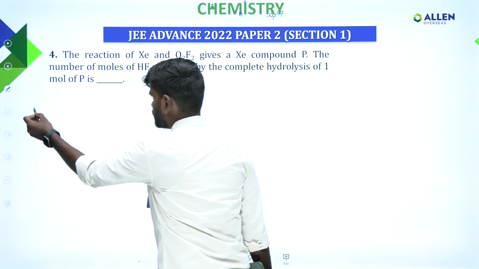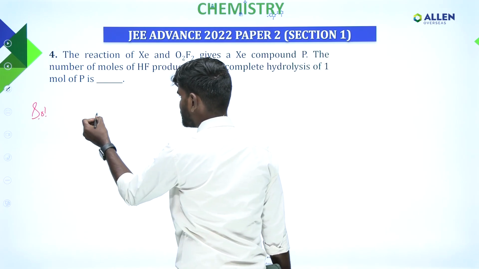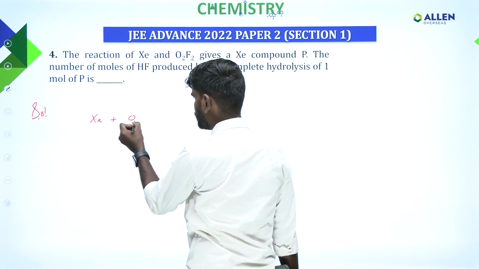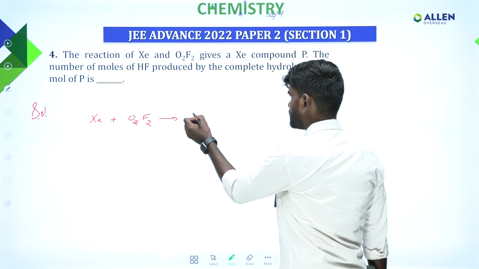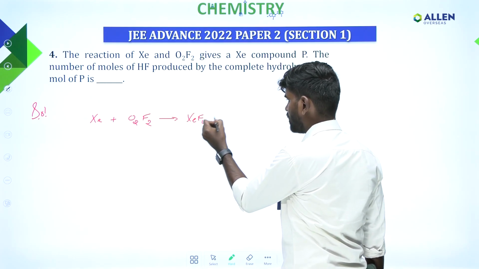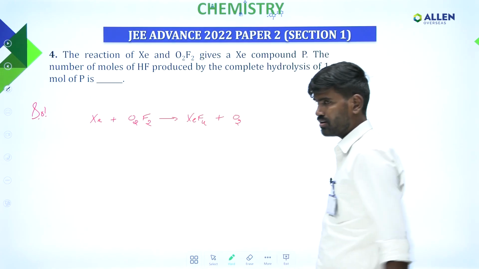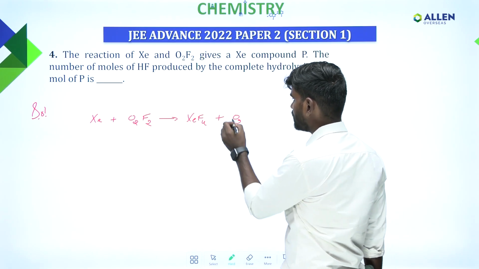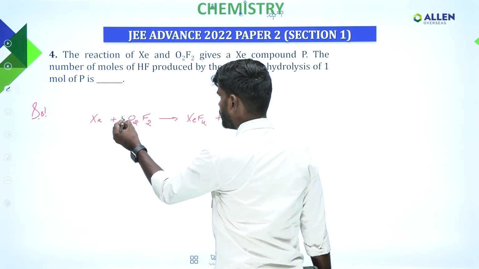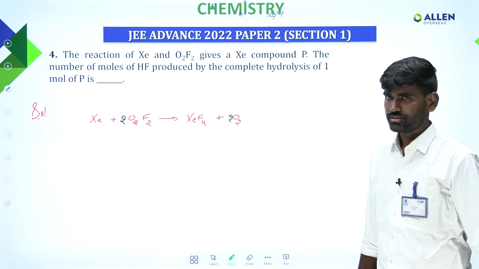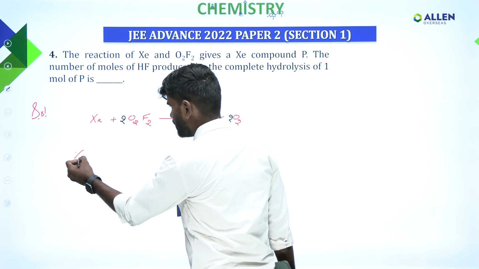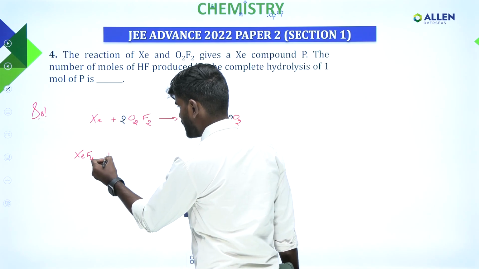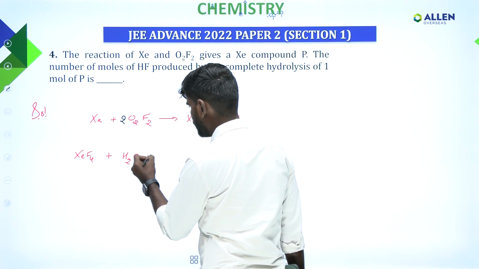So you will write the reaction. The reaction goes like this. When xenon reacts with O2F2, you will get its compound XeF4 along with O2. For balancing, you may write 2 over here and 2 over here, and now it is a perfectly balanced reaction. Further, you need to do hydrolysis of XeF4, that is, make XeF4 react with H2O.